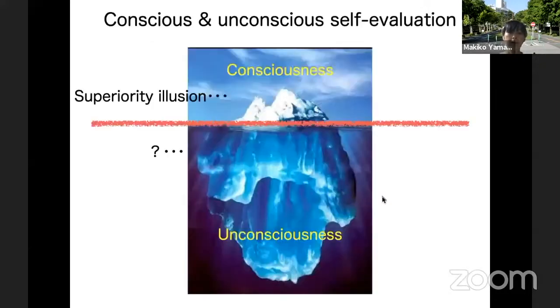Okay, so next, I would like to talk about something at the unconscious level. Because superiority illusion is consciously asking subjects to rate themselves, but what about unconscious self-recognition? Is it associated with superiority illusion?